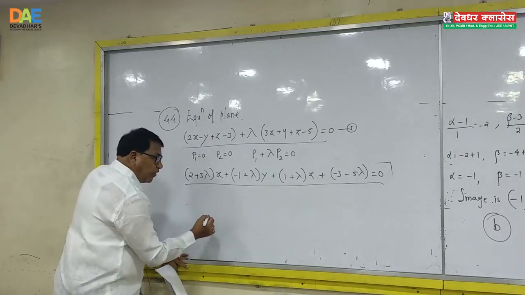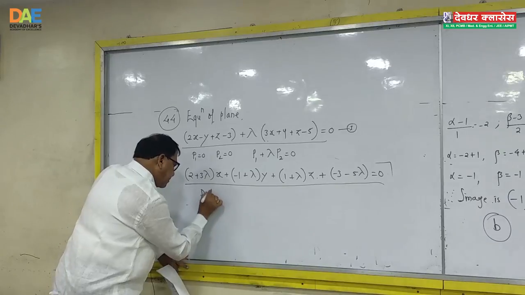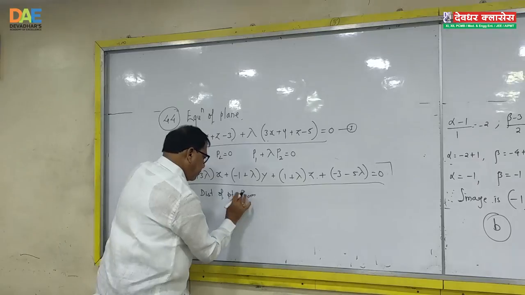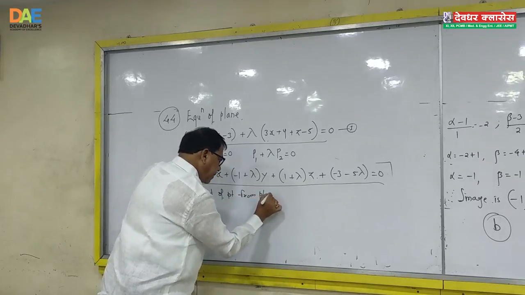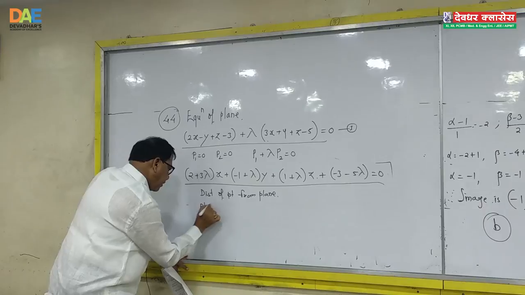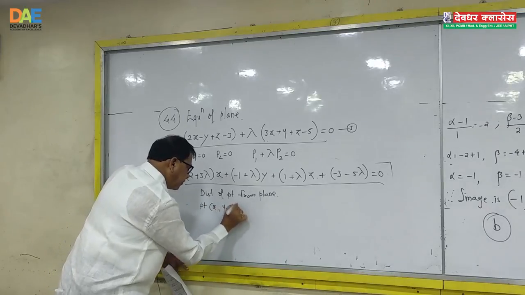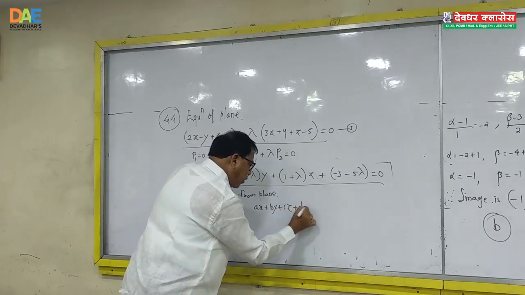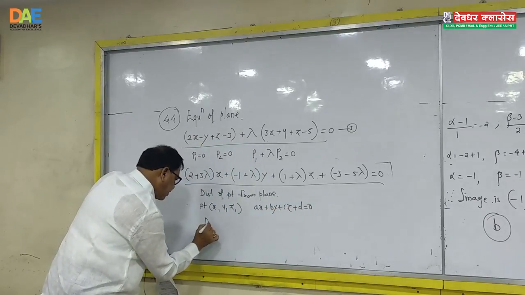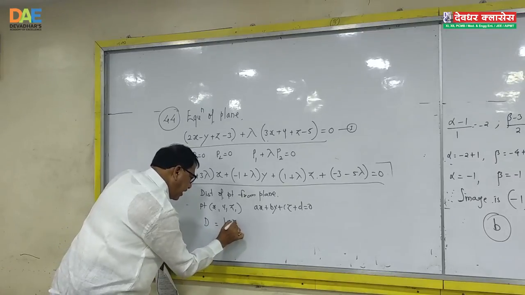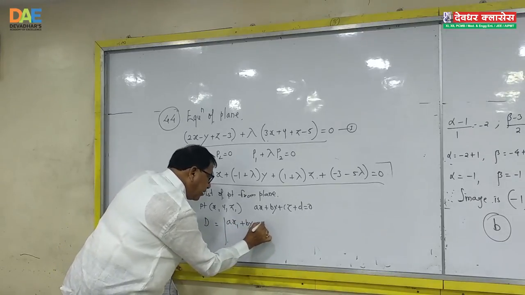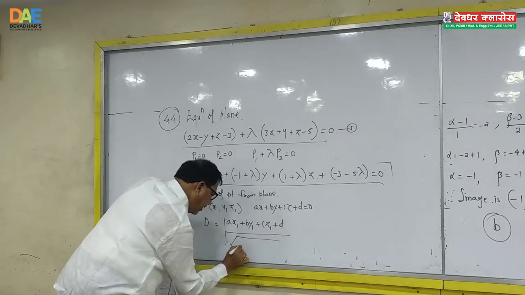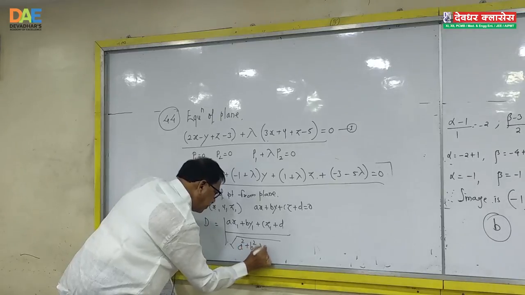So how to find the distance of a point from a plane? For the point (x1, y1, z1) and plane ax plus by plus cz plus d is equal to 0, the distance is equal to mod of ax1 plus by1 plus cz1 plus d upon root of a square plus b square plus c square.